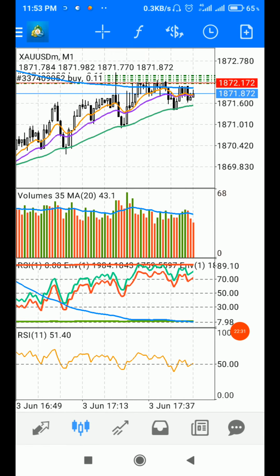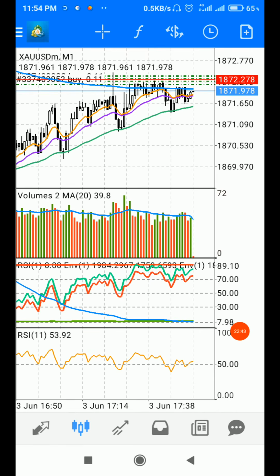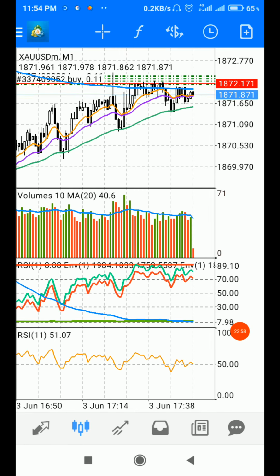So divergence and hidden divergence are the most pleasant indicators to know the market direction change. So you should use it in the most decent way. Here I am revealing the secret. So keep practicing on demo.